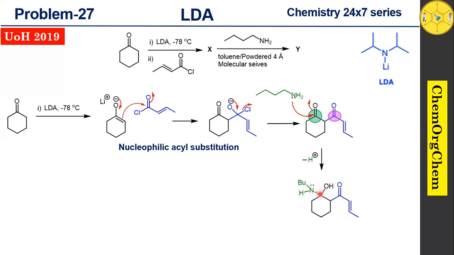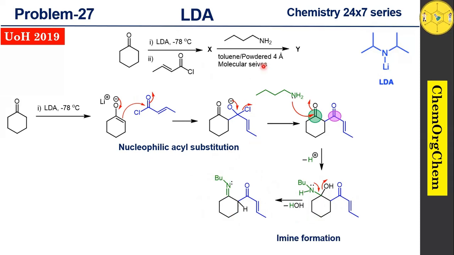Here you see how this happens. This electron pair moves here, then OH minus is kicked off, and at the same time it loses the H plus together to produce the corresponding imine compound, followed by water as a byproduct.